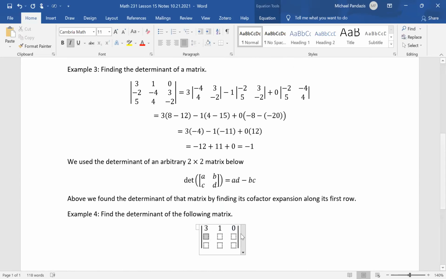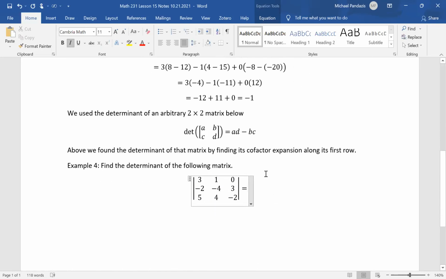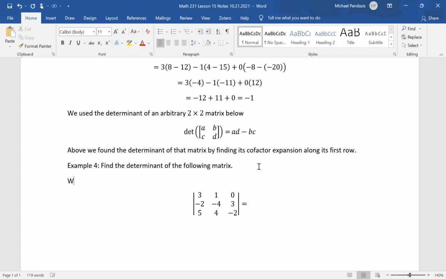I'm going to choose the cofactor expansion along the first column. So we are finding the determinant of this matrix by finding the cofactor expansion along the first column.